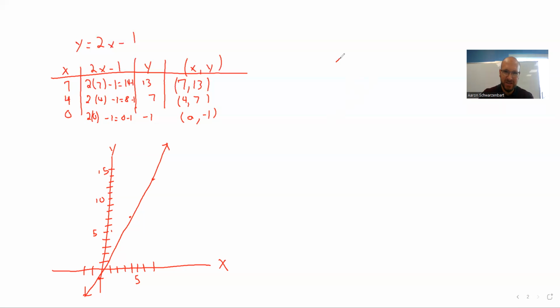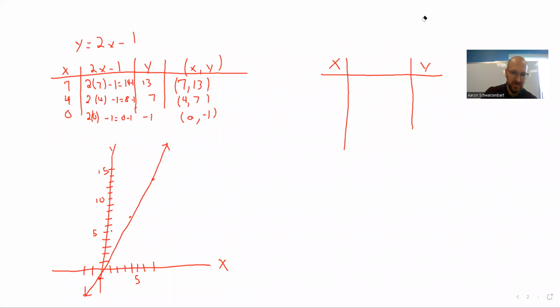If they don't give you the x coordinates, you get to pick them. X being called the independent variable means I choose the coordinates for it. In several of these tables on the worksheet that you have to do, you are picking the coordinates. Actually, let's do a different example.